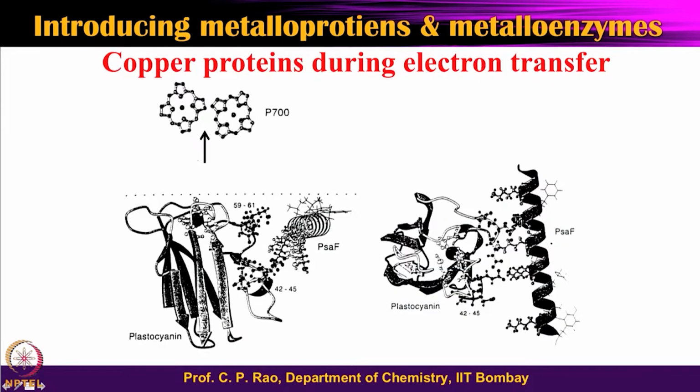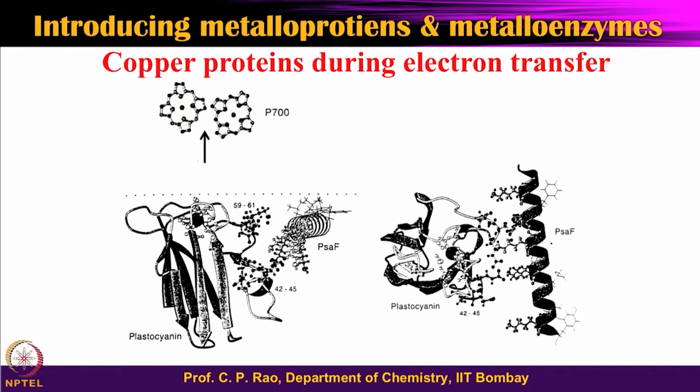Now, how will it do the electron transfer? It will join with another protein, the receptor or other counterpart of the biological system. This is from your plastocyanin, and there is an overlap of these things, or some other kinds of antennas where the electron transfer occurs. I explained the electron transfer very well when I initially introduced the topic under iron, where I talked about the iron sulfur proteins as well as the cytochromes.